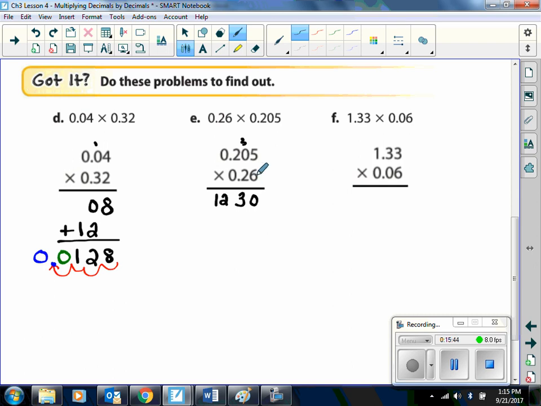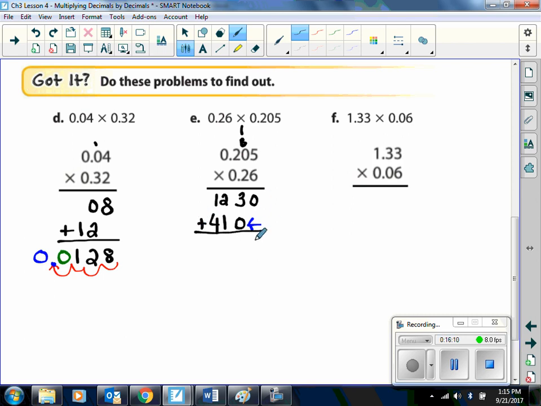Then the next one, don't forget, you guys scooch over. So we have, let's just put a little arrow here. Okay. We have 2 times 5 is 10. Carry the 1. 2 times 0, 0 plus 1, 1. And then 2 times 2, 4. And now we add.